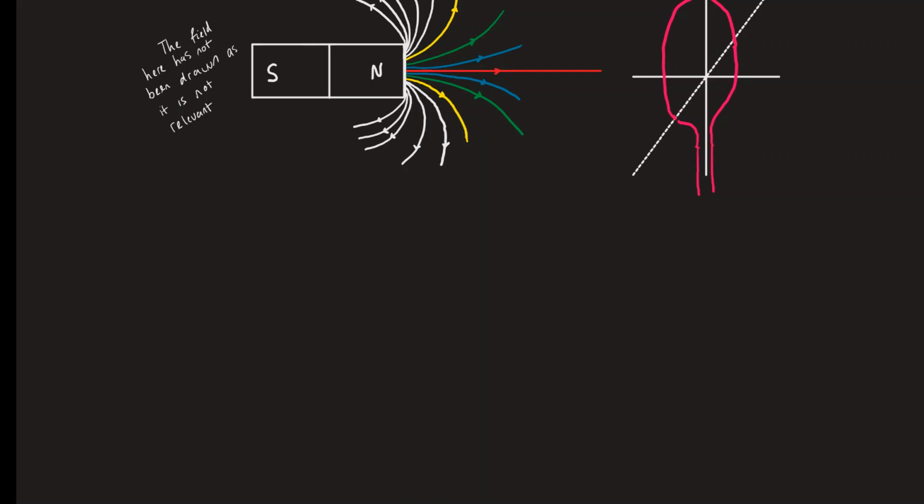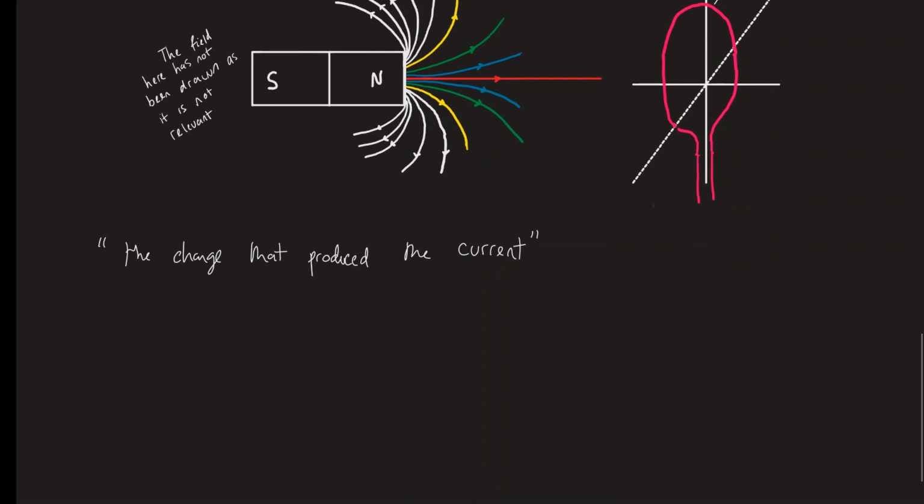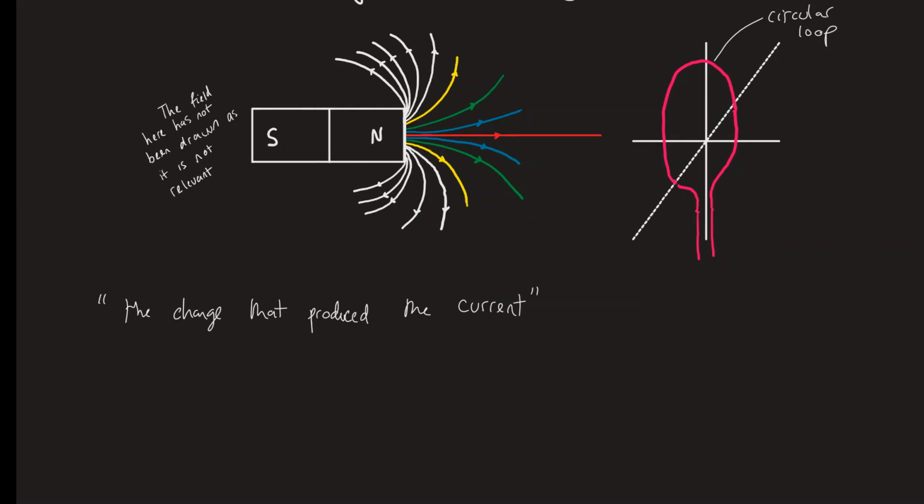Lenz's law contains the phrase, the change that produced the current. We'll work on just breaking that down now. So what exactly was it that happened here that produced the current, that induced the EMF? Well, it was the increase of rightward flux.